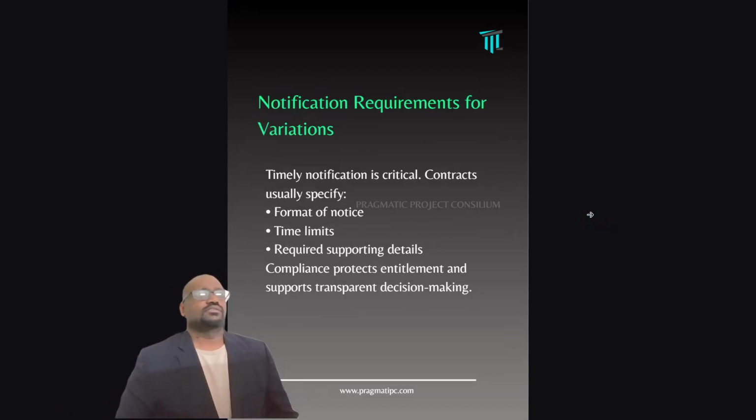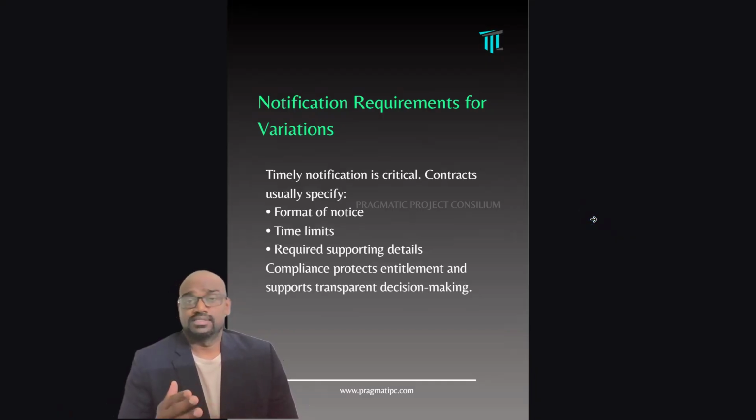The notification requirement is a very basic requirement in variation. When the contractor becomes aware that there is a variation, which usually happens in constructive variations, the contractor shall notify the employer. That is the most important obligation, because the project is being executed by the contractor, and the contractor is the first stakeholder to become aware of the variation, especially the constructive variation.